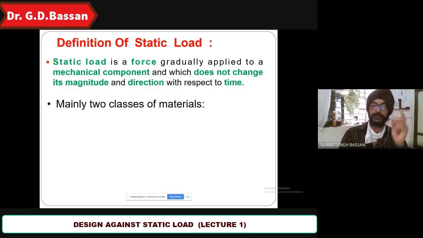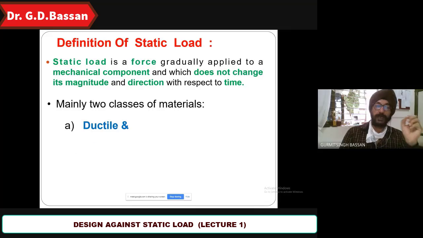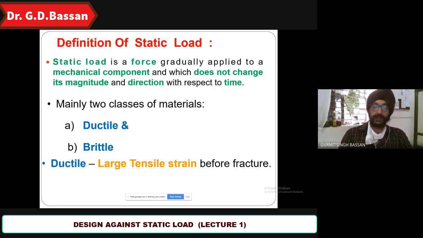Okay, so there are mainly two broad classes of materials. What are the different classes of materials? One is ductile material, another is brittle material. Now all of you must know how failure takes place for ductile and for brittle materials. In a ductile material, large tensile strain takes place before fracture. That means if you apply load to a ductile material, plastic deformation takes place before the fracture.